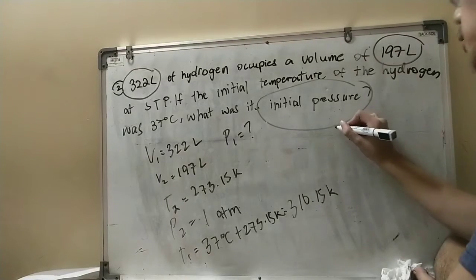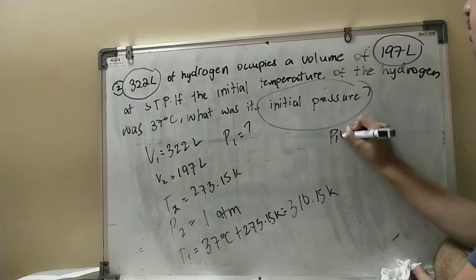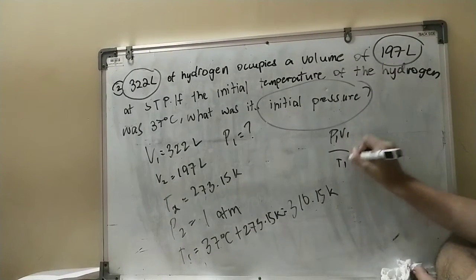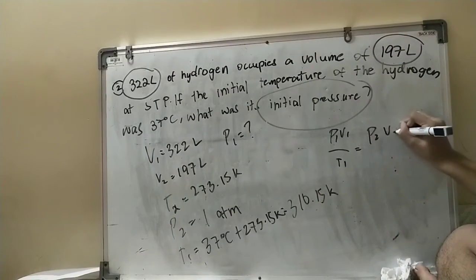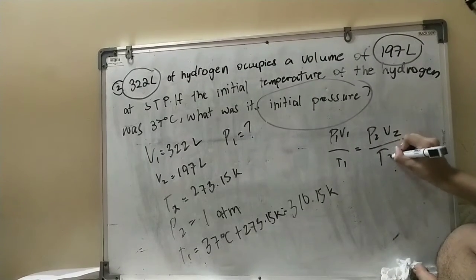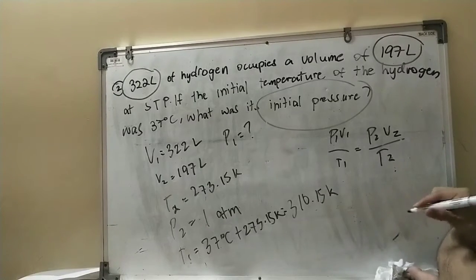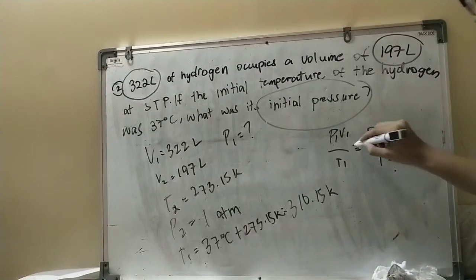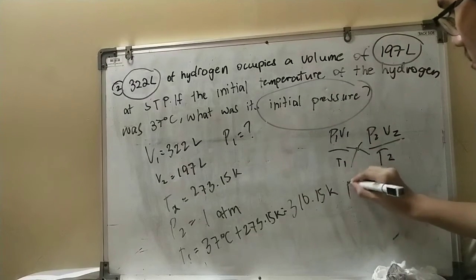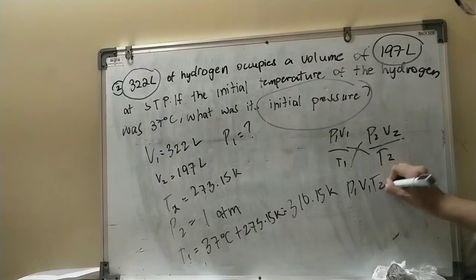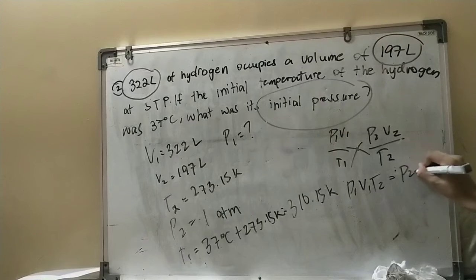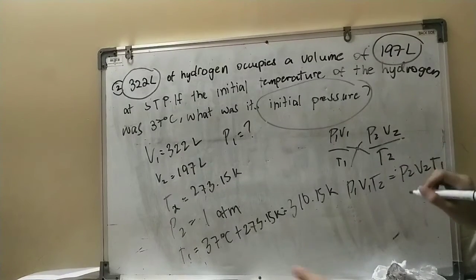We then go to our formula, P1 V1 over T1 equal to P2 V2 over T2, and we do the derivation again, which is we cross multiply: P1 V1 T2 equal to P2 V2 T1. Then what are we looking for?